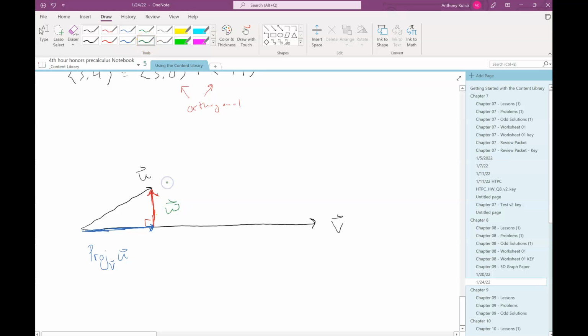So this other side I'm just going to call w. I don't know why I wouldn't write it in red, considering we're talking about the red. So what we can observe here is that w plus the projection of u onto v is just going to give me the vector u back. I know that because I've drawn these two things head to tail. That's just the definition of vector addition.